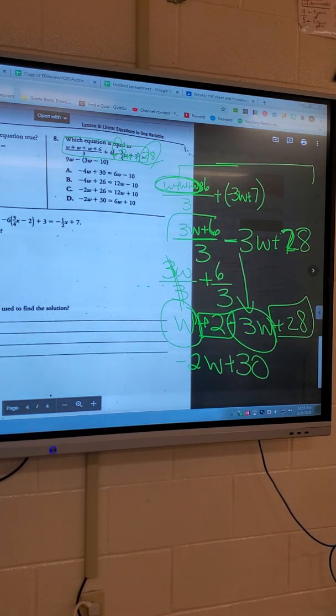I think I know the answer. Look at the answer choices. Which one has negative 2w plus 30 as an answer choice? That's part of the answer. D. Well, I'm done.